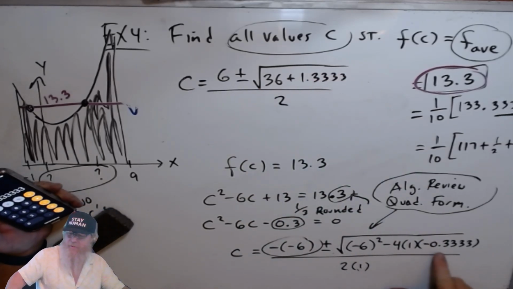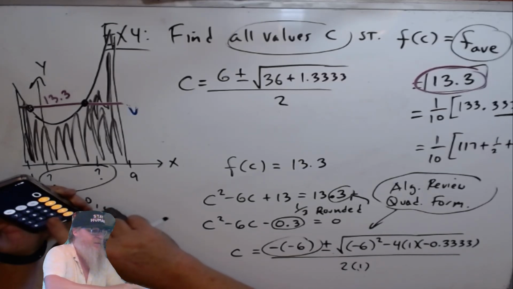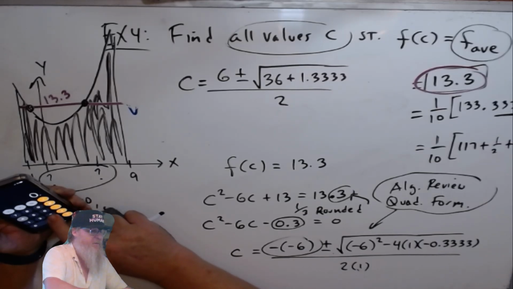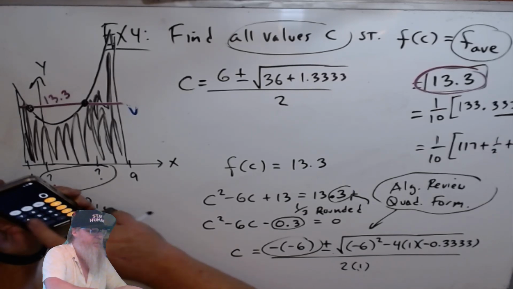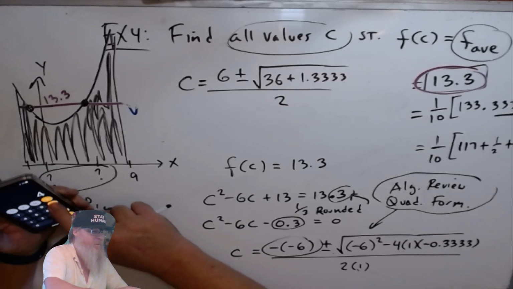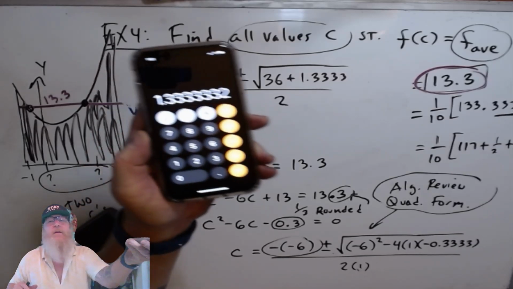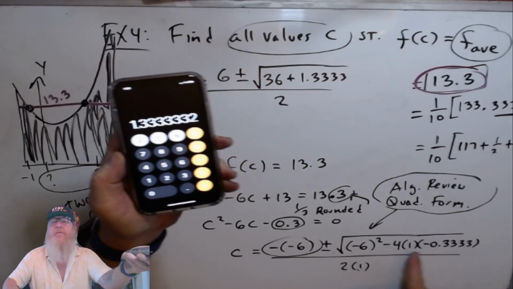That's 4/3. Is it? Yeah, it is. 4 times 0.333333 is the same as 4/3.